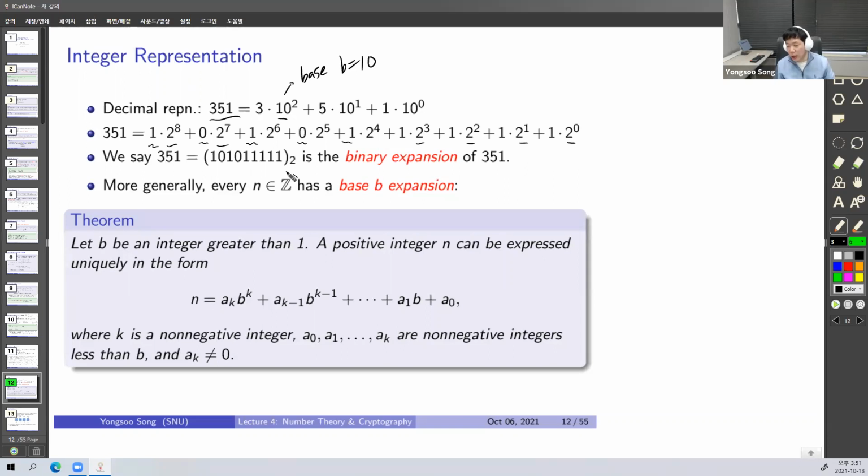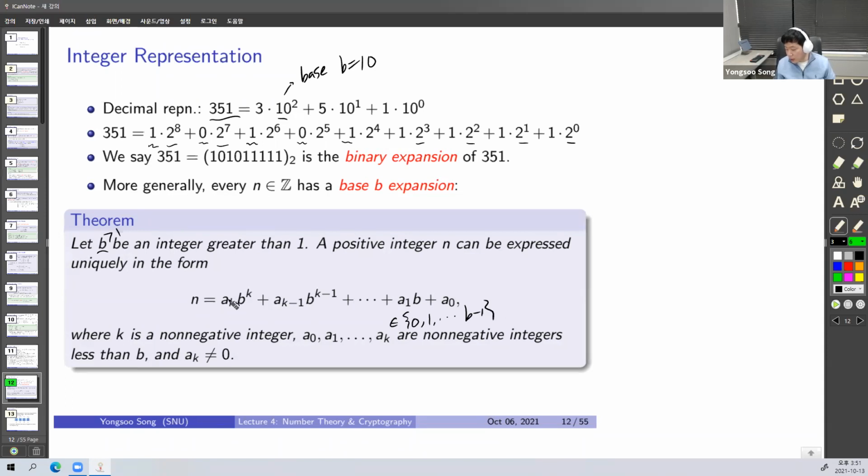And more generally, you can do the same for an arbitrary base b. Here's a well-known theorem: for any positive integer n and for a base b, where b should be larger than 1, there exist a unique integer k and unique non-negative integers a_0 to a_k less than b. So these are elements of 0, 1, up to b minus 1.